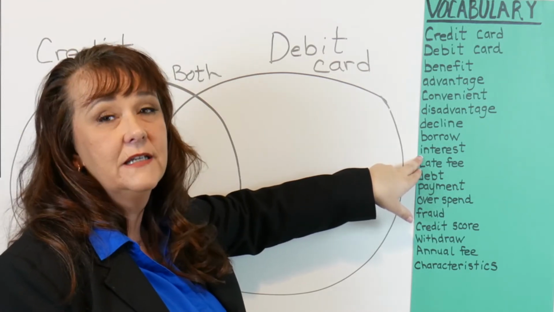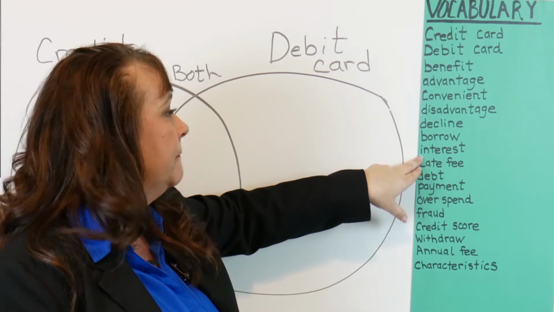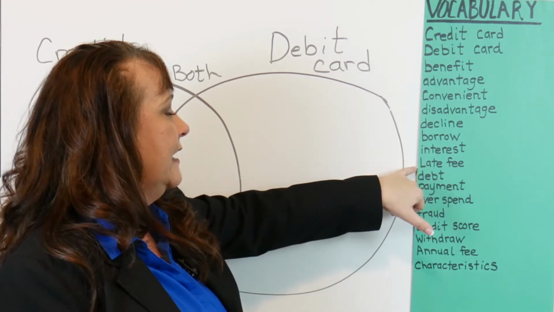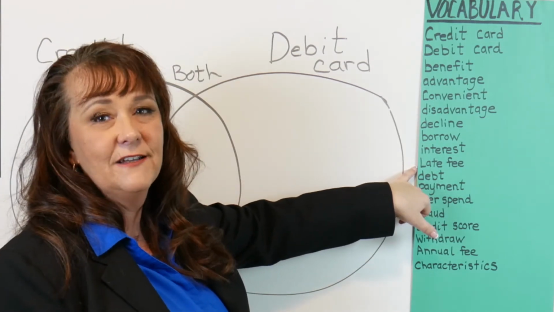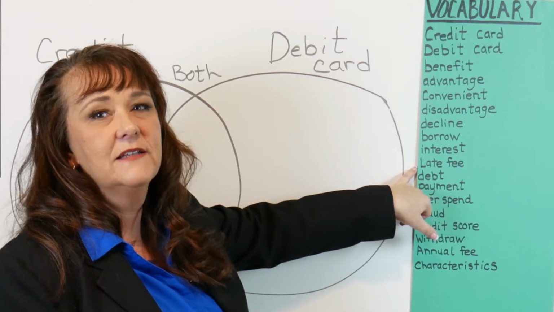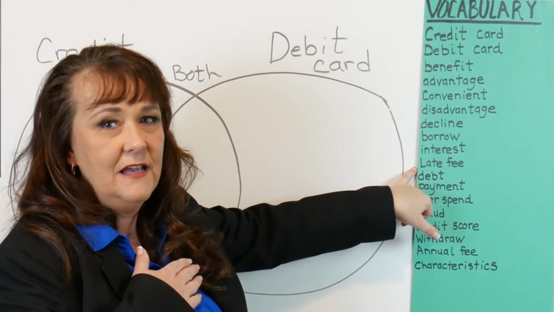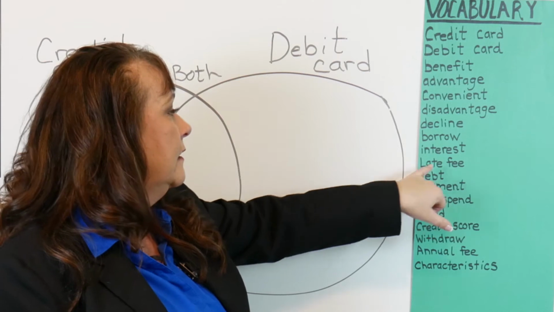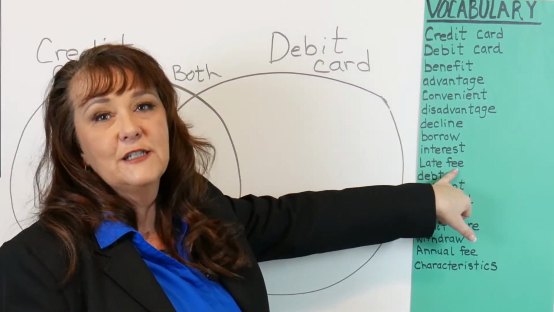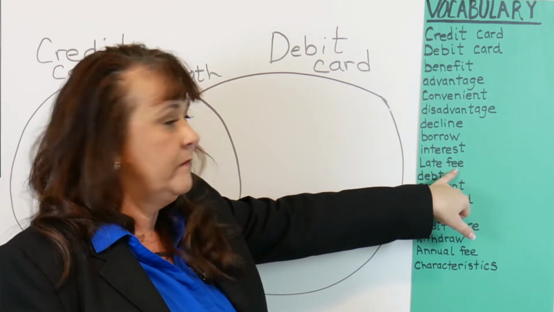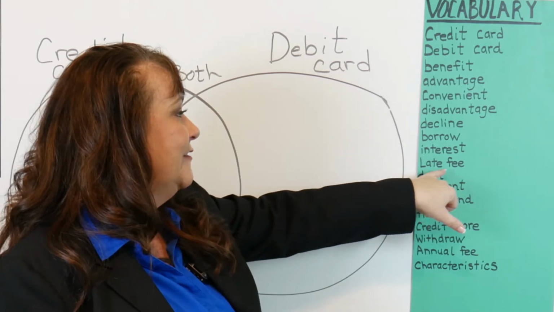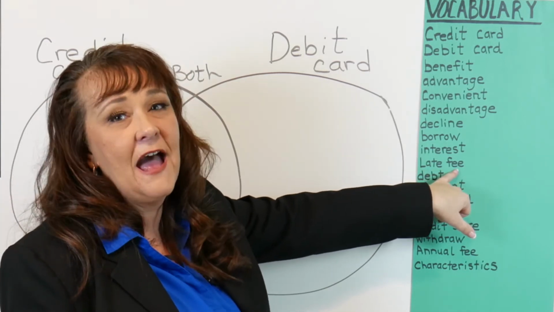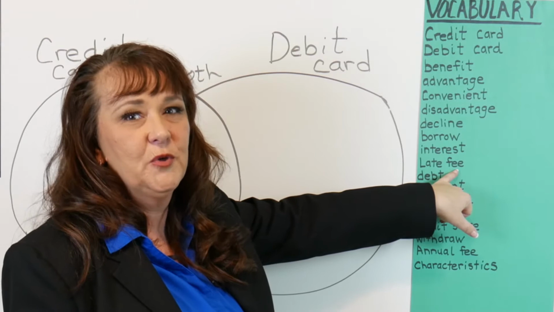That is called interest. The next word is late fee. You try it. Late fee. A fee is something you have to pay. A late fee is something you have to pay because you were late.